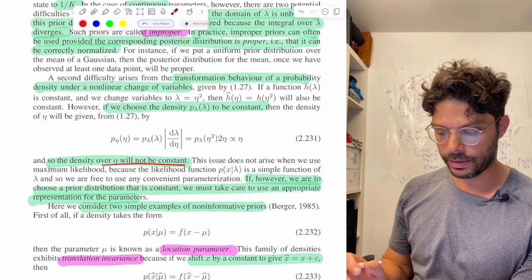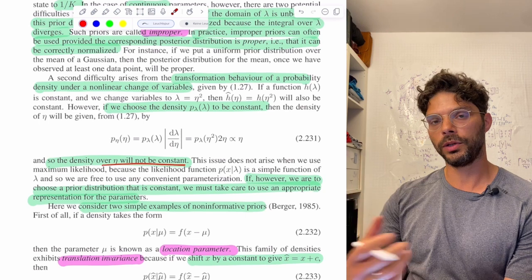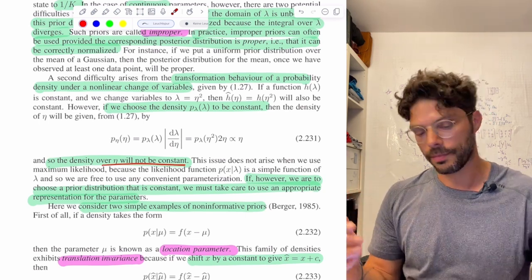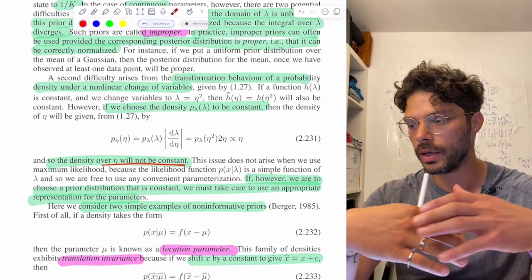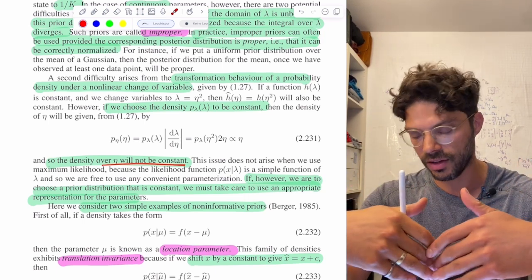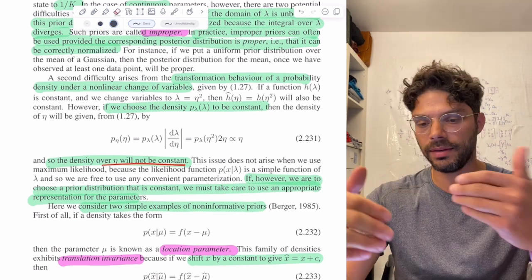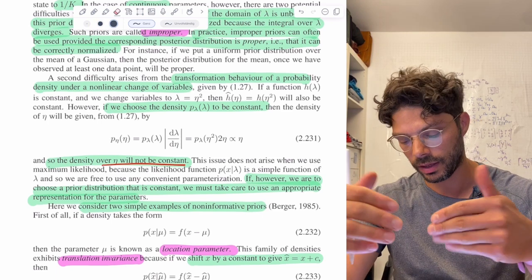So the way he's going to define it, the way he's going to talk about it, is you're going to say, well, look, we're going to look at a pair of common properties our likelihood will have. Remember, a couple of sections back we discussed estimating the mean of a Gaussian or the variance of a Gaussian.